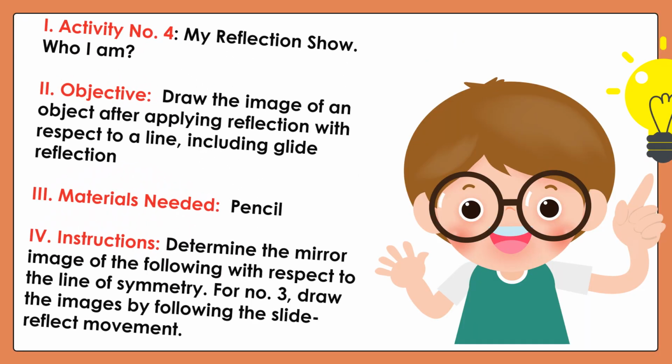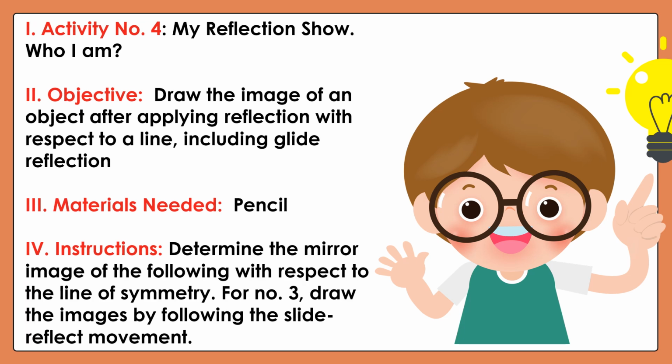Activity number 4, my reflection shows who I am. Objective, draw the image of an object after applying reflection with respect to a line, including glide reflection. Materials needed, pencil.